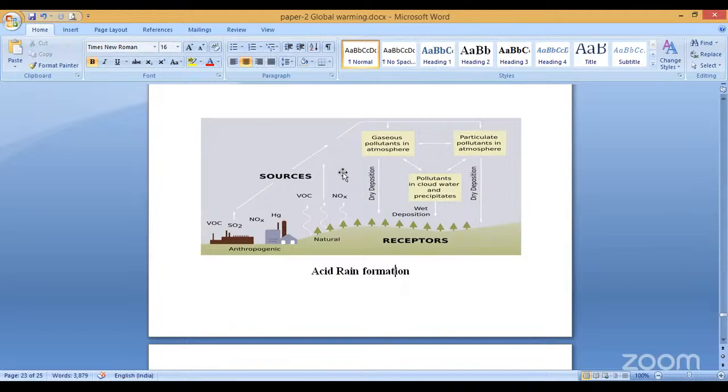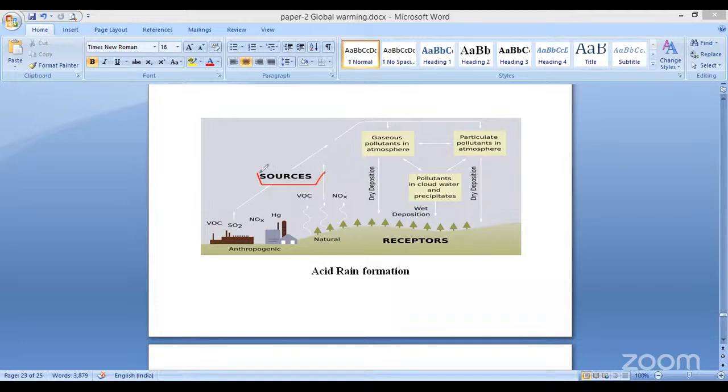First, we are going to discuss what the sources are. So these are the sources. What are the sources of acid rain?